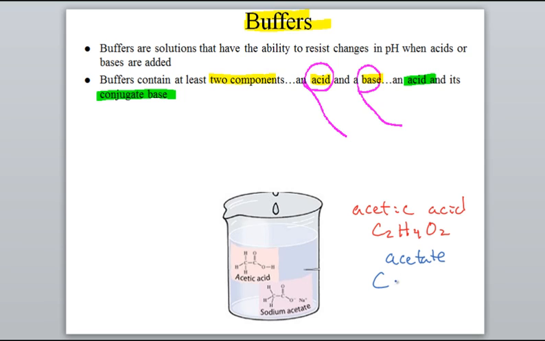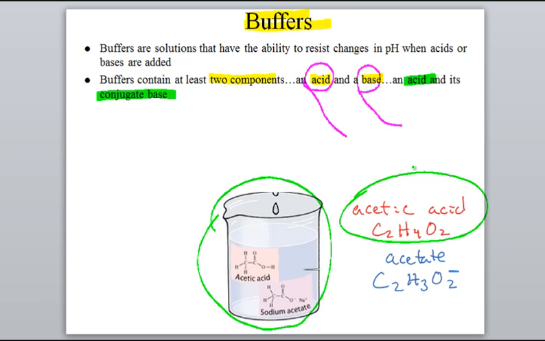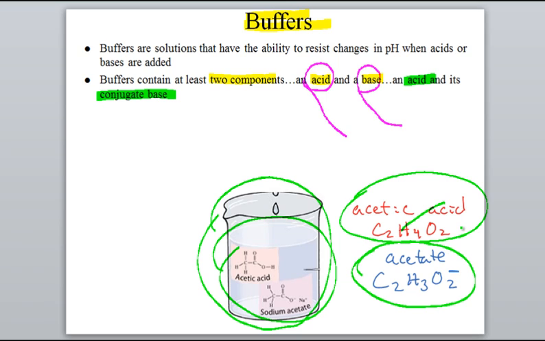Acetate, the conjugate that forms on the product side when acetic acid reacts, has 1 less hydrogen, so 3, and 2 oxygens. If this is our buffered solution, acetic acid is our acid. If you add any base, it gets neutralized by acetic acid. If you add any acid to this buffer solution, it gets neutralized by acetate, which is our base.